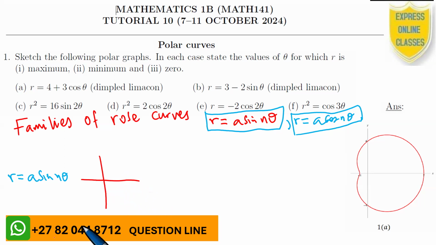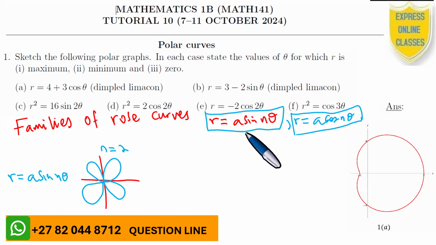You do a rose, you put another rose, and another rose. This would be the curve whenever n equals 2. Whenever n equals 2, it becomes a rose.